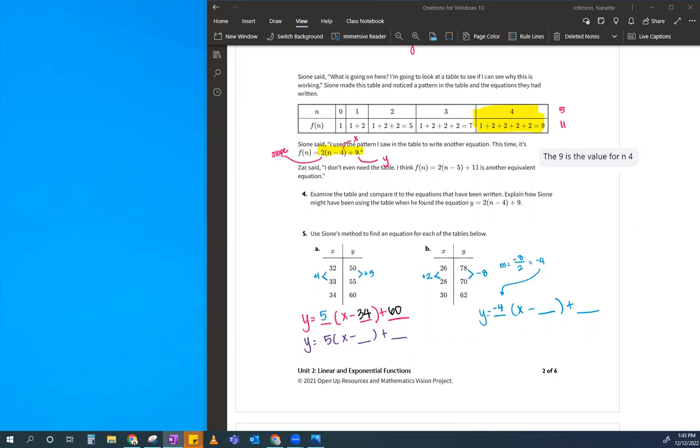So I actually don't think about it like that. I just think this is the X and this is the Y. Someone said, is this right here the difference between these two?